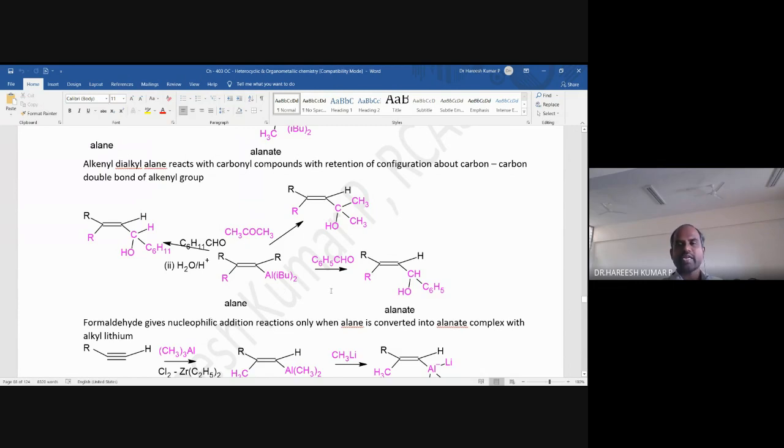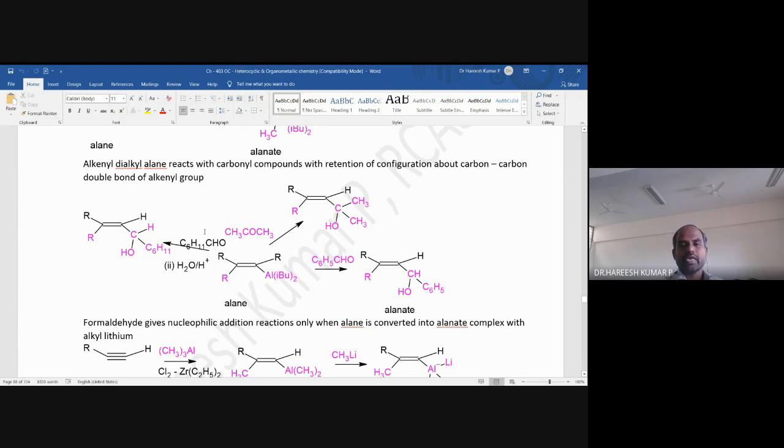That alanate reacts with this carbonyl carbon, forming a compound like this. Don't worry about this name. This name is not required here. And similarly, this alkynyl dialkyl alane, when it is treated with cyclohexyl carboxaldehyde, C6H11CHO means cyclohexyl carboxaldehyde.